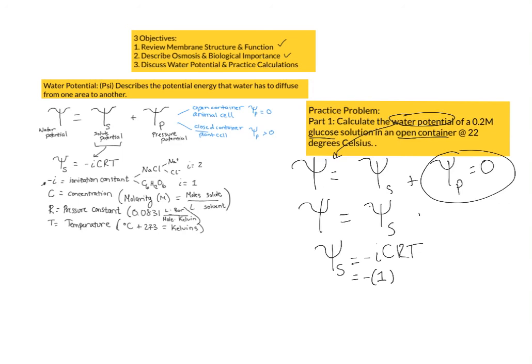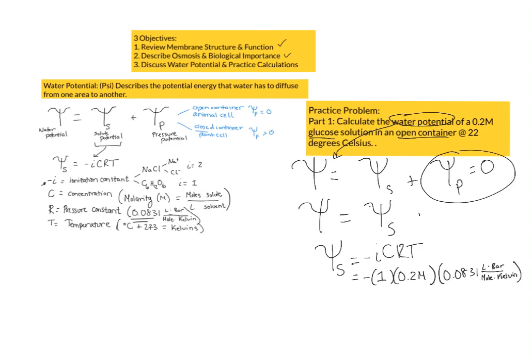Our concentration, C, is given to us as being 0.2 molar glucose solution. We are also given the constant, which is always going to be the same. It's right here, 0.0831. And then we're going to just copy the units down. It's liter bar divided by mole Kelvin.